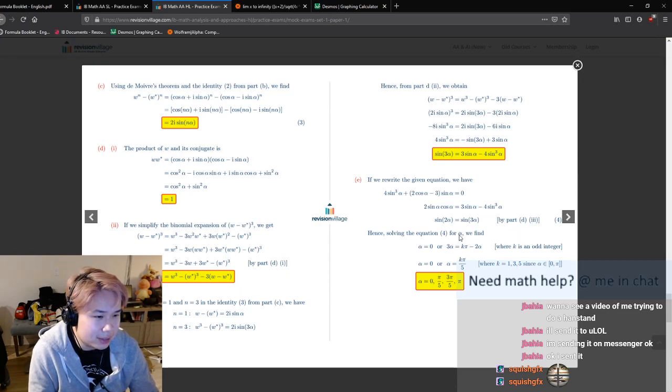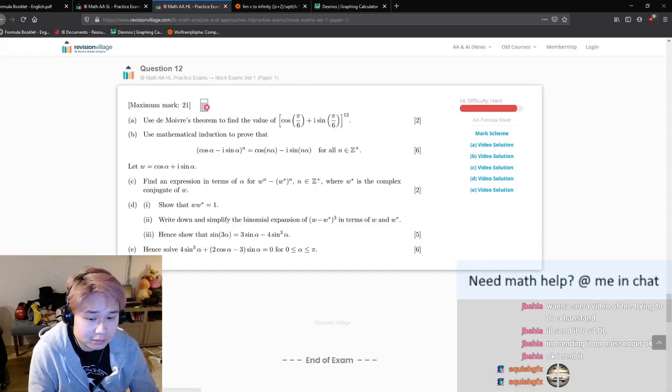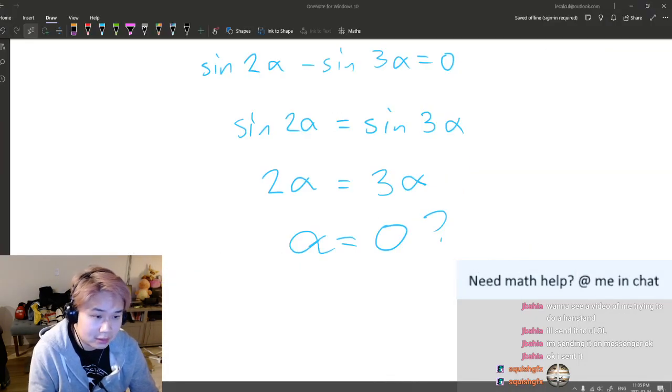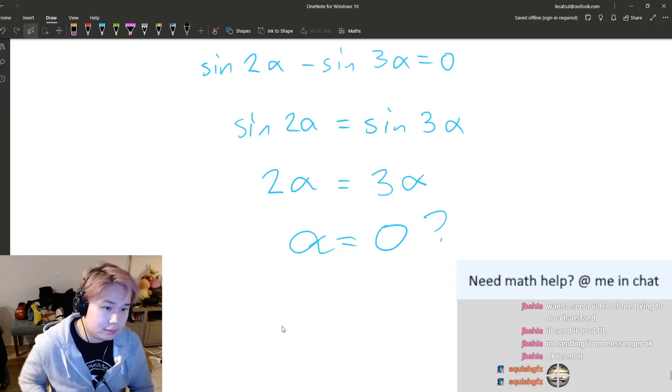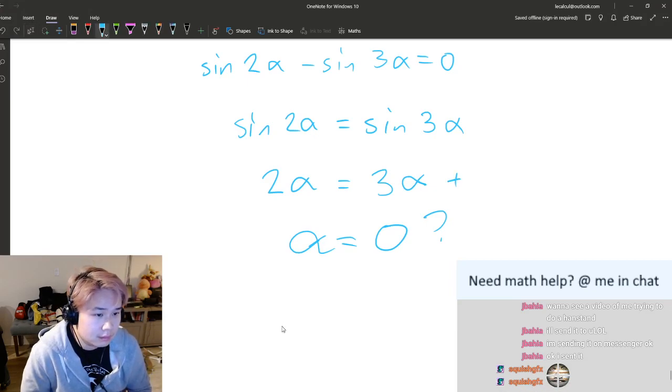Hence, solving the equation for equation 4 right here, we have this. Oh, I see. Okay. Fair. There could be multiple answers. Plus 2 pi, multiples of 2 pi.